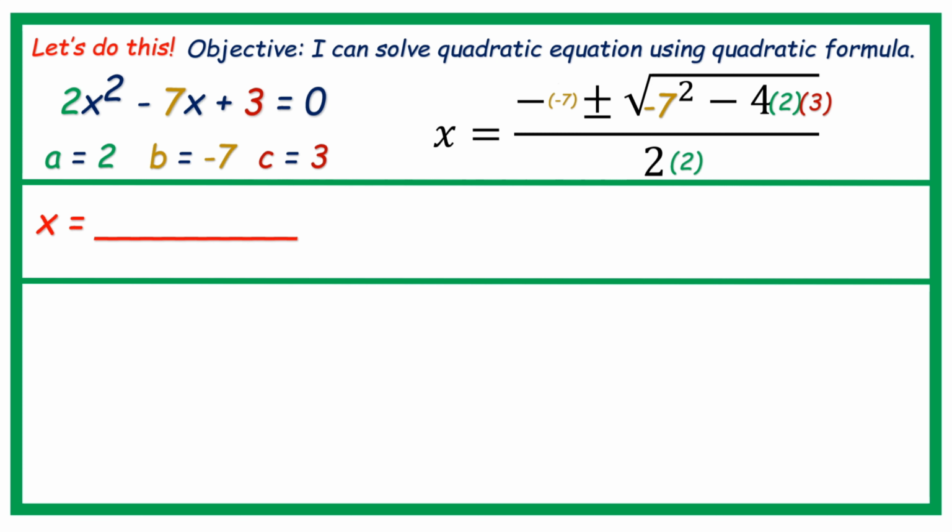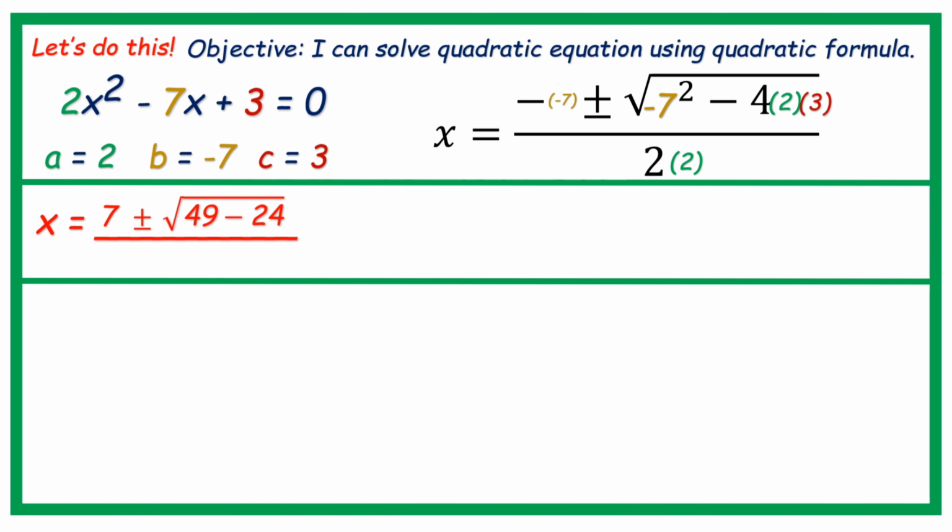Let's copy x equals negative times negative 7. The answer is 7. Okay, just copy plus or minus the square root of 49 minus 24. Where did we get 49 minus 24?